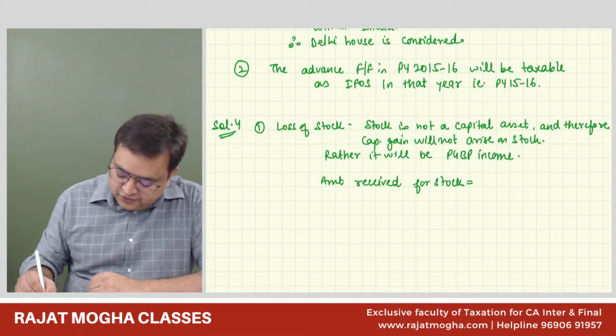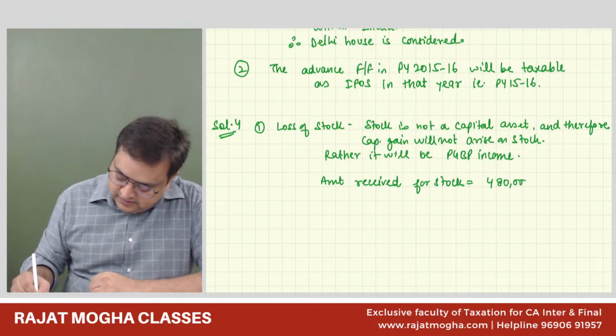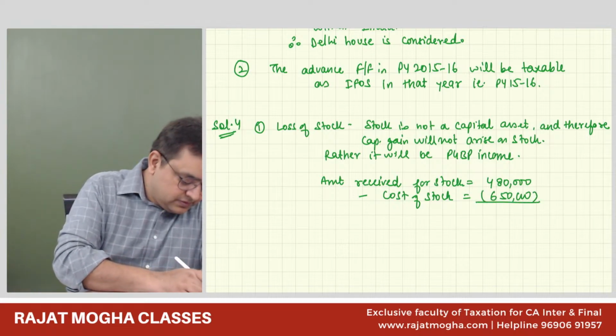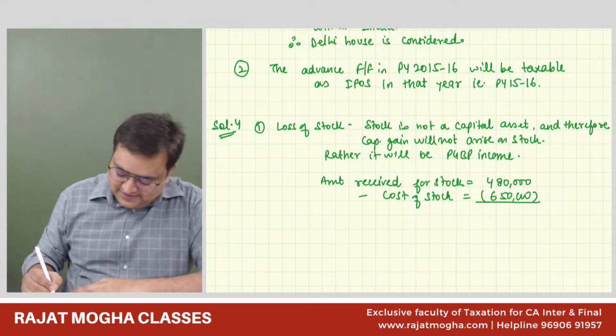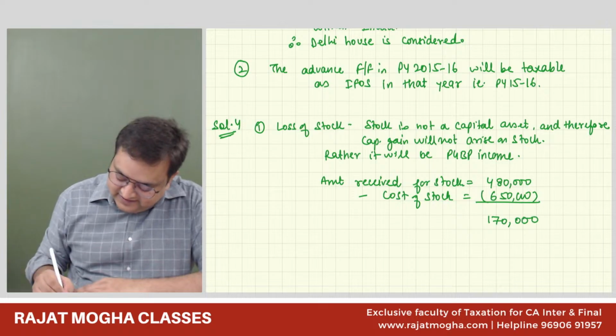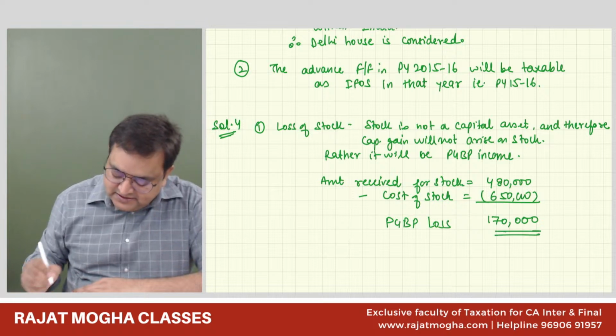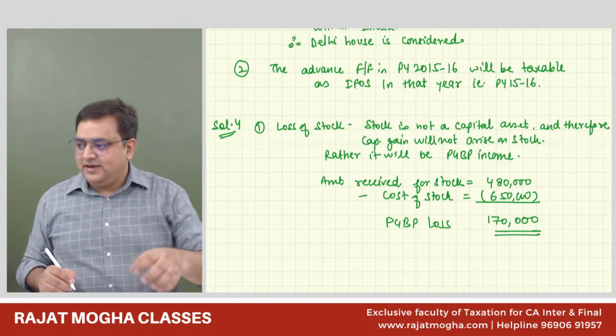So amount received for stock is 4,80,000 and the cost of stock was 6,50,000. So what is it? Capital loss. Oh, PGBP loss. It is 1,70,000. It is a PGBP loss. It is not a capital loss. It would be a PGBP loss.